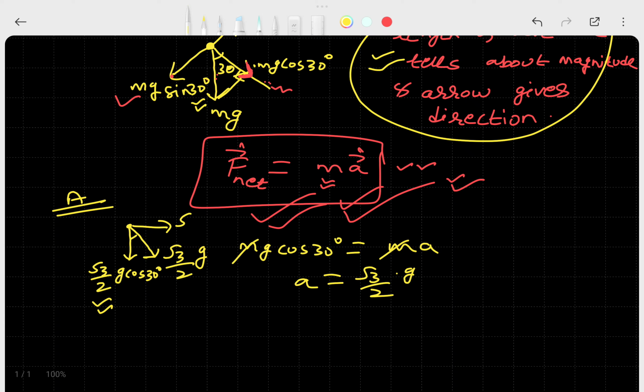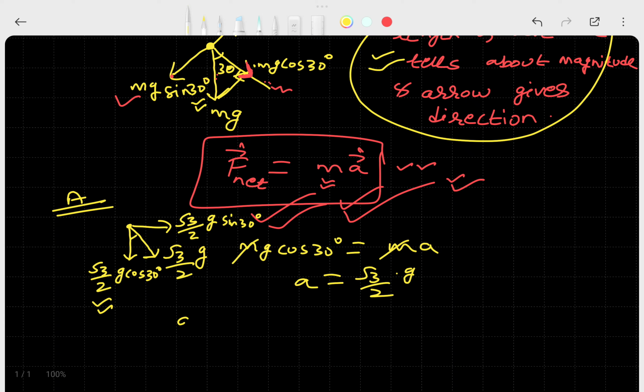So this horizontal component we didn't take, because we already got our correct option with the vertical component. If we take the horizontal component, what will be the case? Let us see, root 3 by 2 g, here this is cos, means vertical, it will be sine in this case, sine 30 degree.